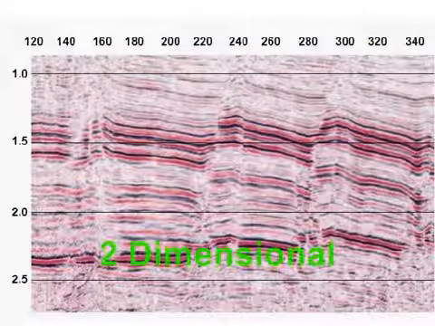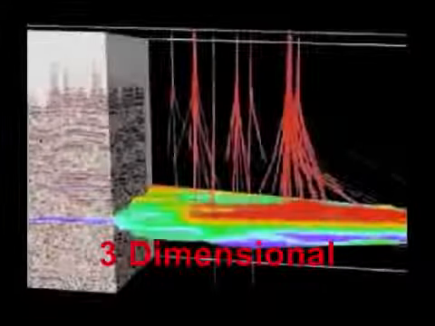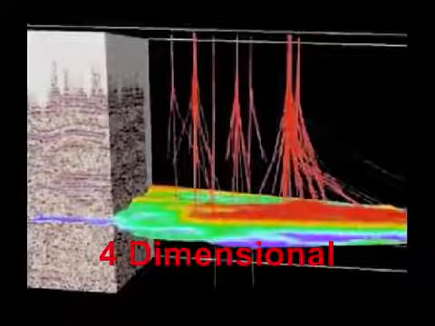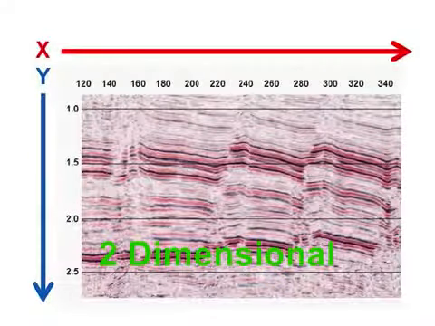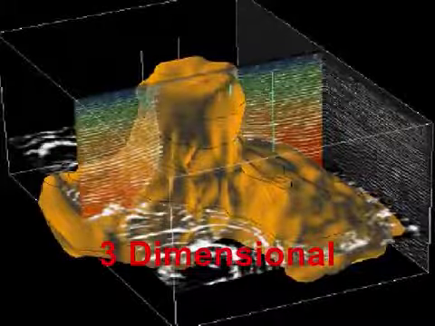We can illustrate this data on 2D or two-dimensional maps, as well as in 3D, three-dimensional, and 4D, four-dimensional maps. 2D maps have X and Y coordinates. They appear flat on a page. Three-dimensional models have X, Y, and Z coordinates. They appear lifelike, like the images our brain sees.